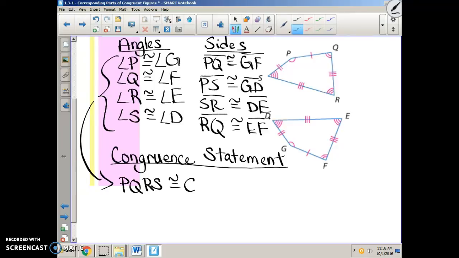So P goes with G, Q goes with F, R goes with E, and S goes with D. So I put it in the exact same order as the angles I did up above, just so I know that they match correctly for the next person who's going to see it, just like we talked about.